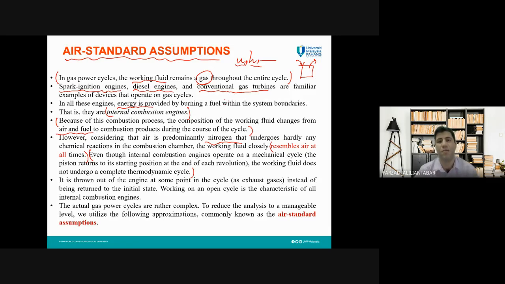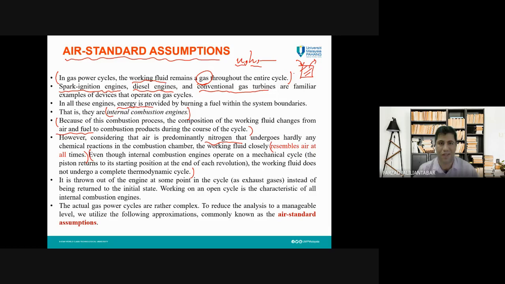But it will still be too complicated to solve in that situation. So instead of that, we can assume that however we have fuel and air to the cylinder, we can assume that this is energy gained by the system.